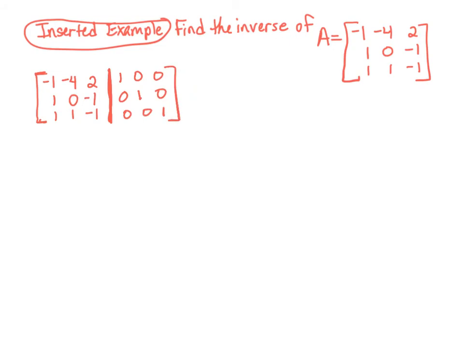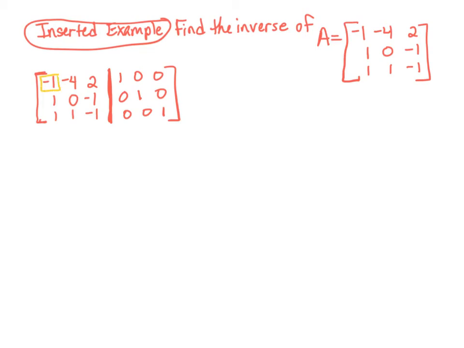What's the first thing we do here? Get rid of the ones in the first column. Good. Get rid of the ones or make these ones zeros. So did you use this as your pivot? Yeah, I did R2 plus R1 here for R2.